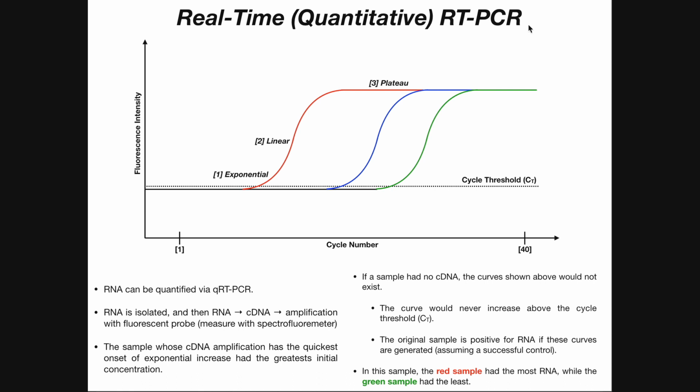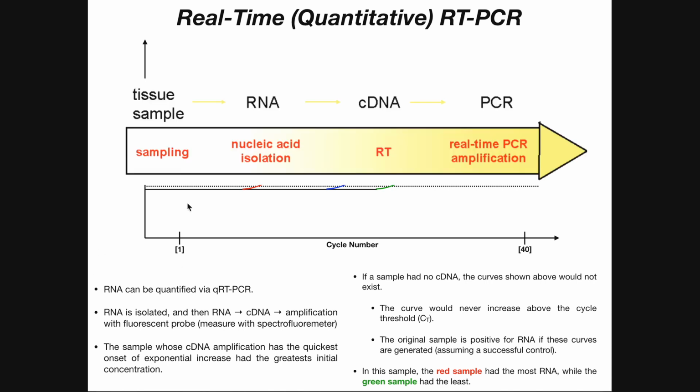So if we want to detect whether or not somebody's infected with the virus, one good way to do that would be to test for that viral RNA. Okay? And so the way we're going to test for that viral RNA is through a process called quantitative real-time PCR.